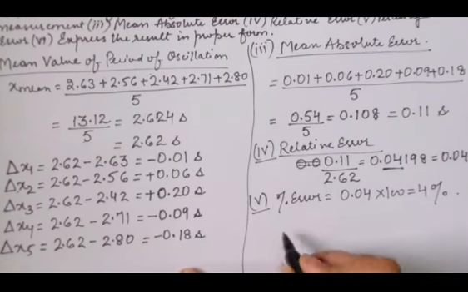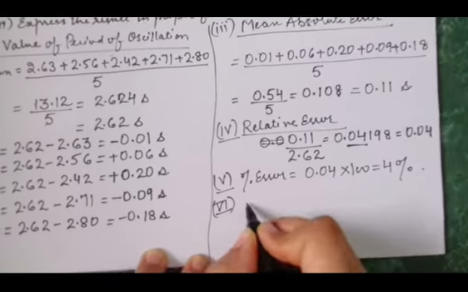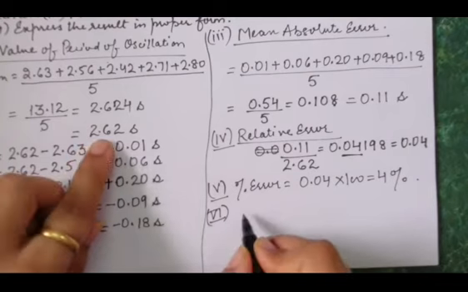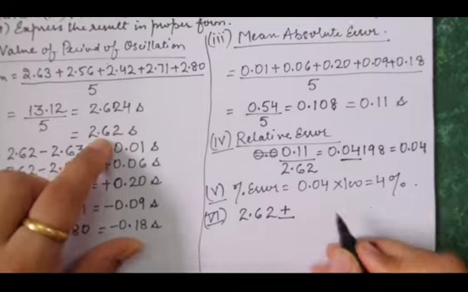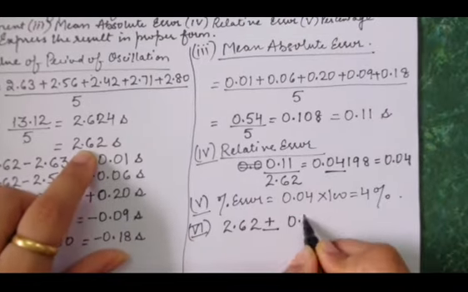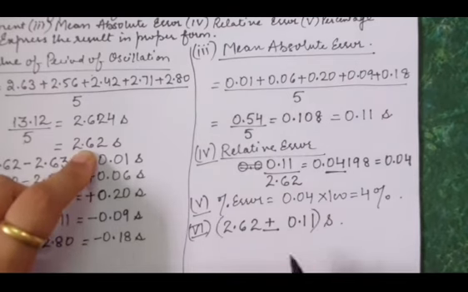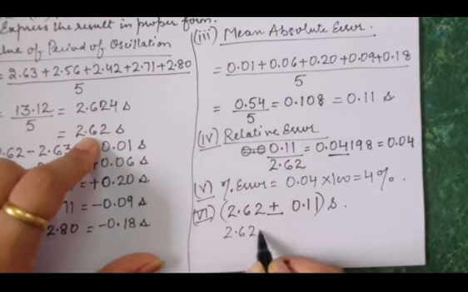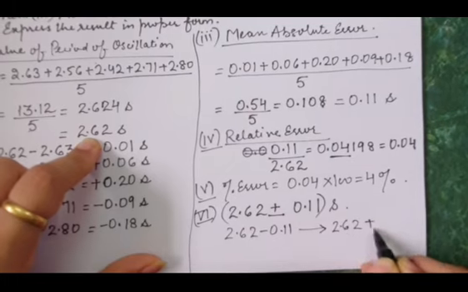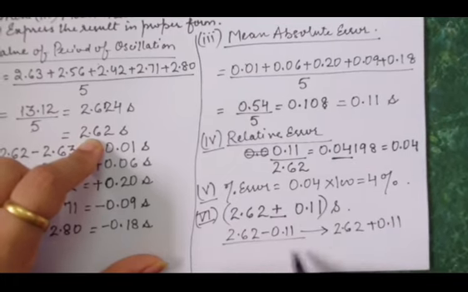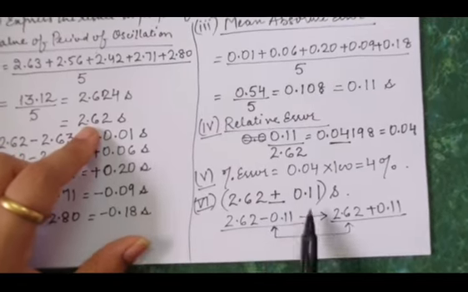First, in terms of absolute error, we express the mean value, 2.62, plus or minus the mean absolute error, 0.11. So our answer will lie in the range from 2.62 minus 0.11 to 2.62 plus 0.11. That is in terms of the absolute error.